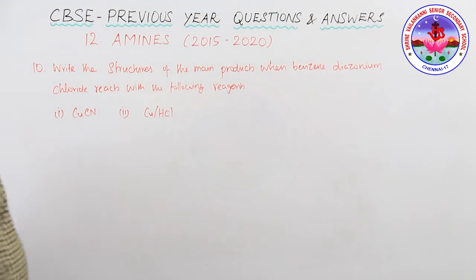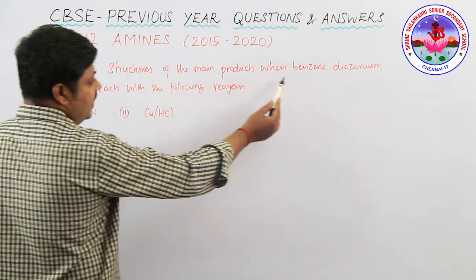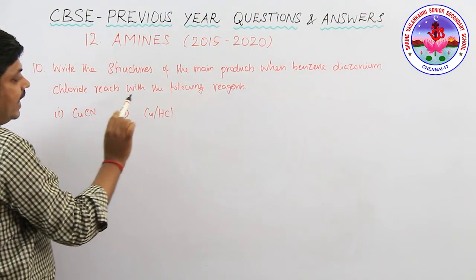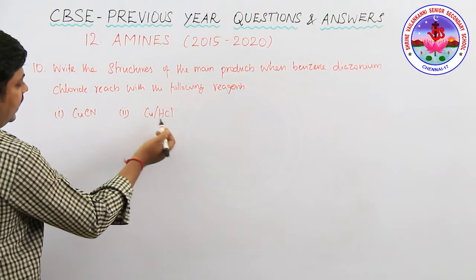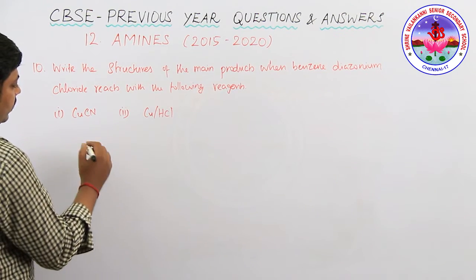Next, write the structures of the main products when benzene diazonium chloride reacts with the following reagents. CuCN and copper with hydrogen fluoride.